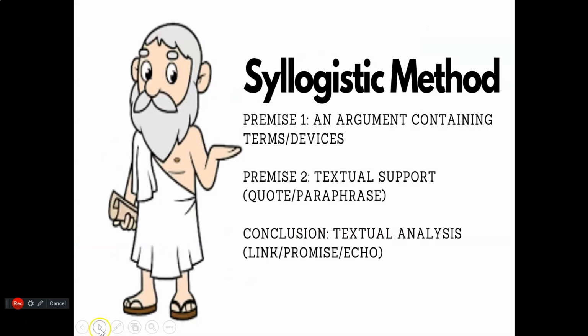So for the purposes of performing literary analysis, here's what we've got to do. The first premise is an argument containing the literary terms and/or devices. The first premise always is going to be 3 sentences long. And the reason I have it be 3 sentences long is because when I read a lot of other students' work, I see that they're quoting or paraphrasing or plot summarizing way up high in the topic sentences.